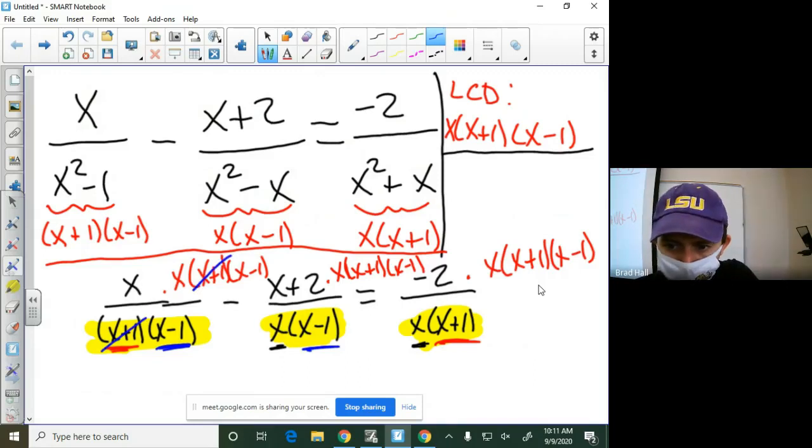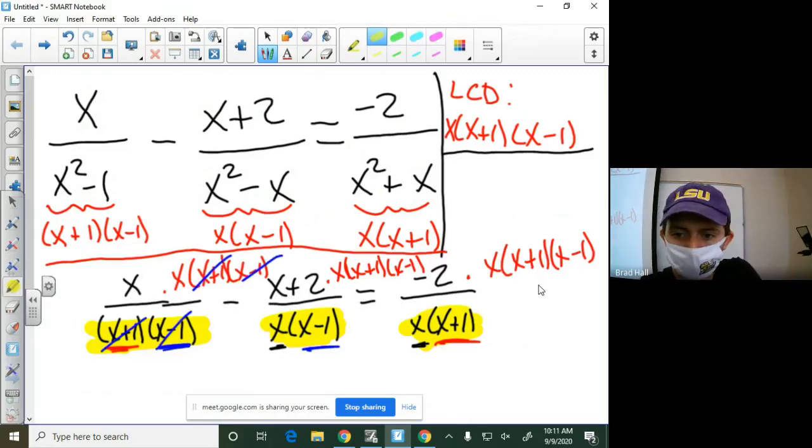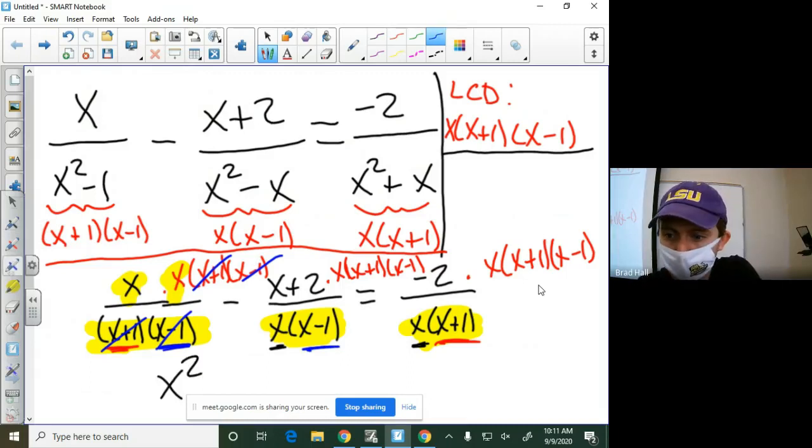X plus 1, x plus 1, x minus 1, x minus 1. We're left with an x and another x, which is just x squared. I see an x and that x minus 1 and that x minus 1.